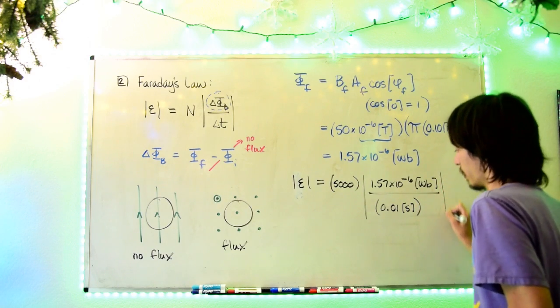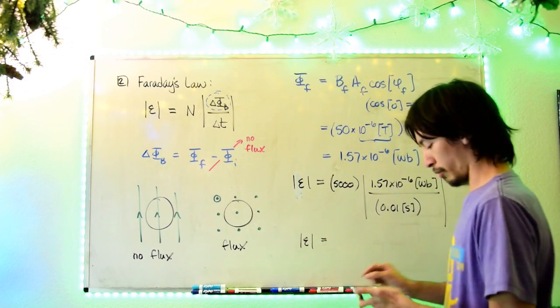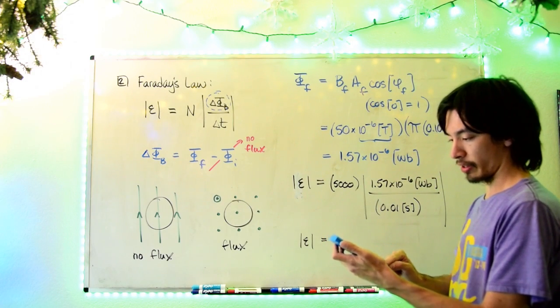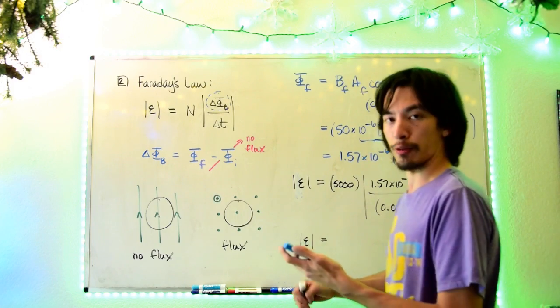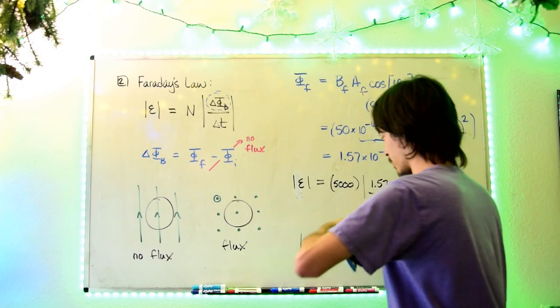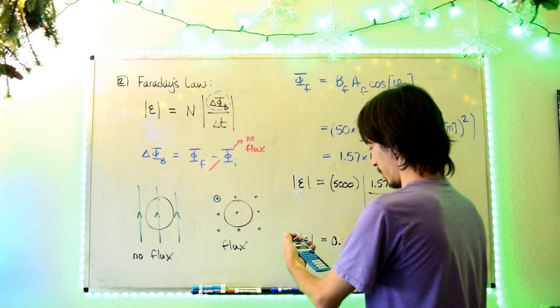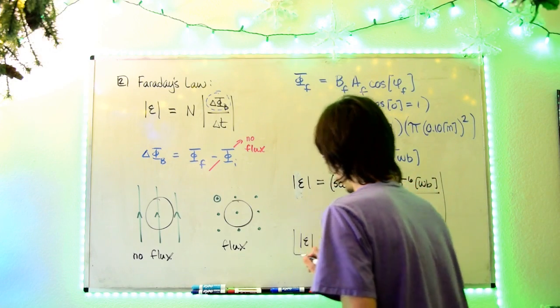Okay. And we calculate this voltage to be, so we take that number we just got divided by 0.01 and we multiply by 5,000. Okay. So for this, don't need it in scientific notation because the number is not that small. The voltage is 0.785 volts.